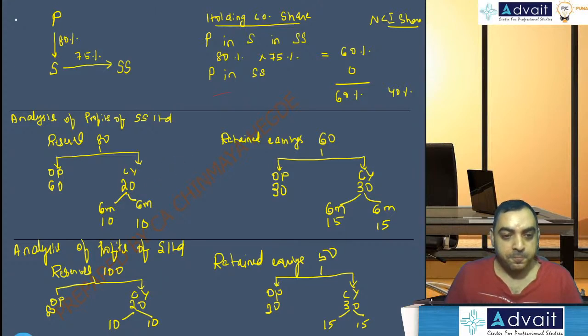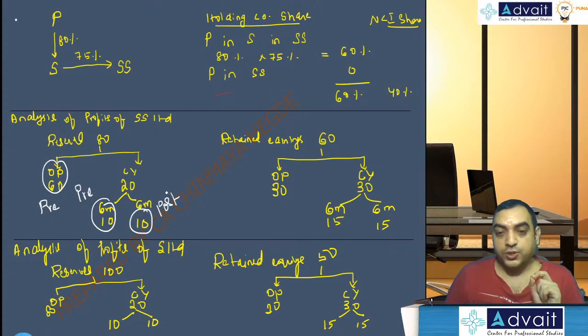Okay, then let us identify. See, opening balance is pre-acquisition, and in the current year, the first 6 months is pre-acquisition and the second 6 months is post-acquisition.